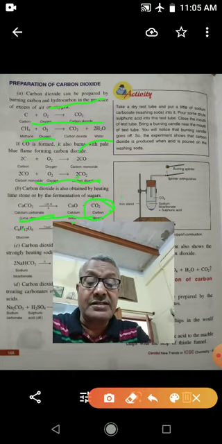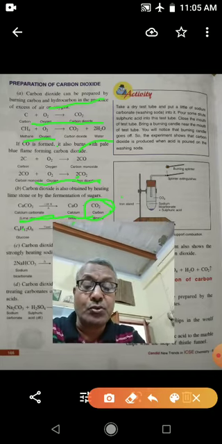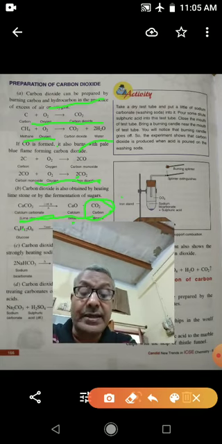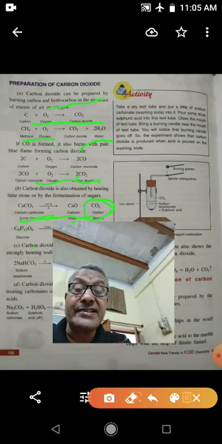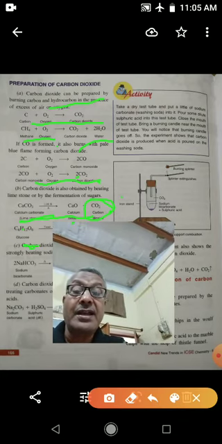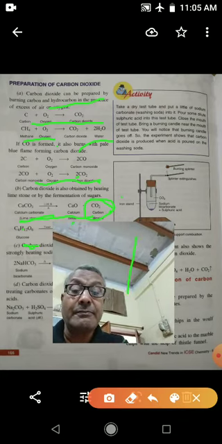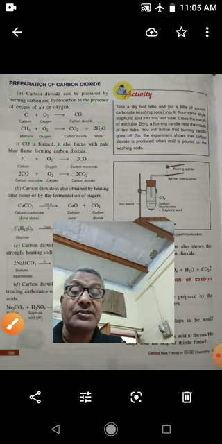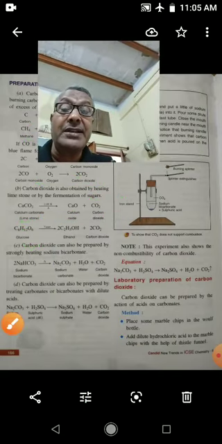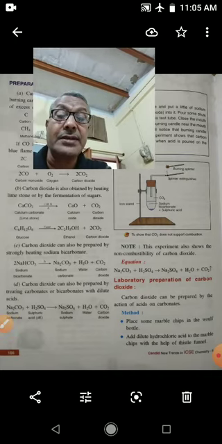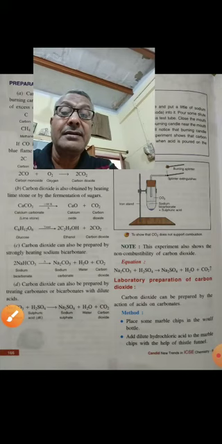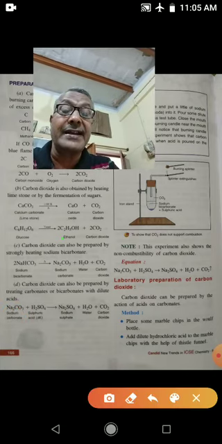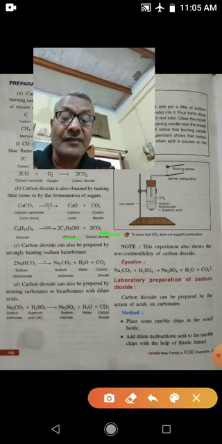Next method is by the fermentation of sugar. Sugar is here glucose, C6H12O6, and when sugar is fermented by yeast, so by the fermentation of sugar, ethyl alcohol and carbon dioxide gas are produced.